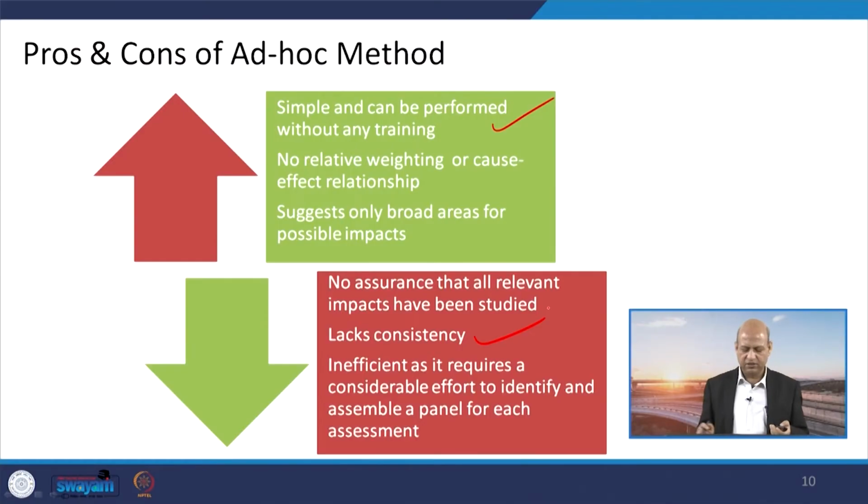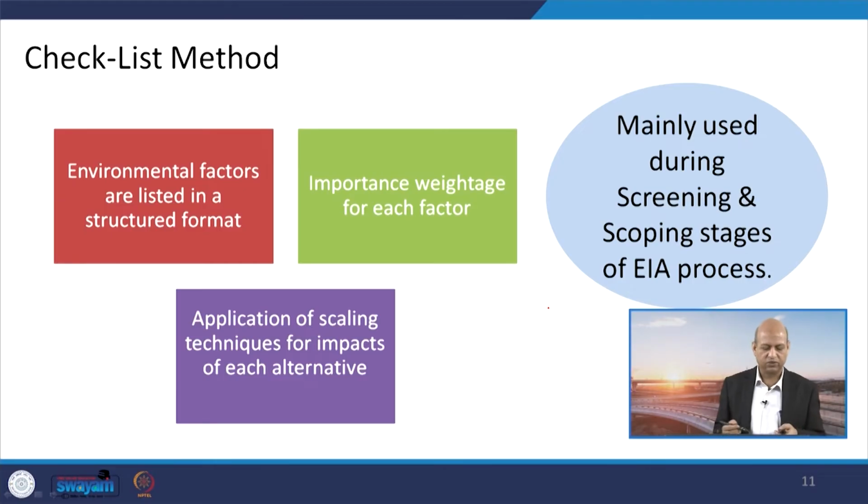Of course, a range may be there, like some experts can say okay, I will give it 1, others can give 2, but they will not assign like 6 or 10, that gap may not be there, but there will be some sort of range. And there is inefficiency in the sense that you need to consult different groups several times, and building consensus sometimes takes a lot of time.